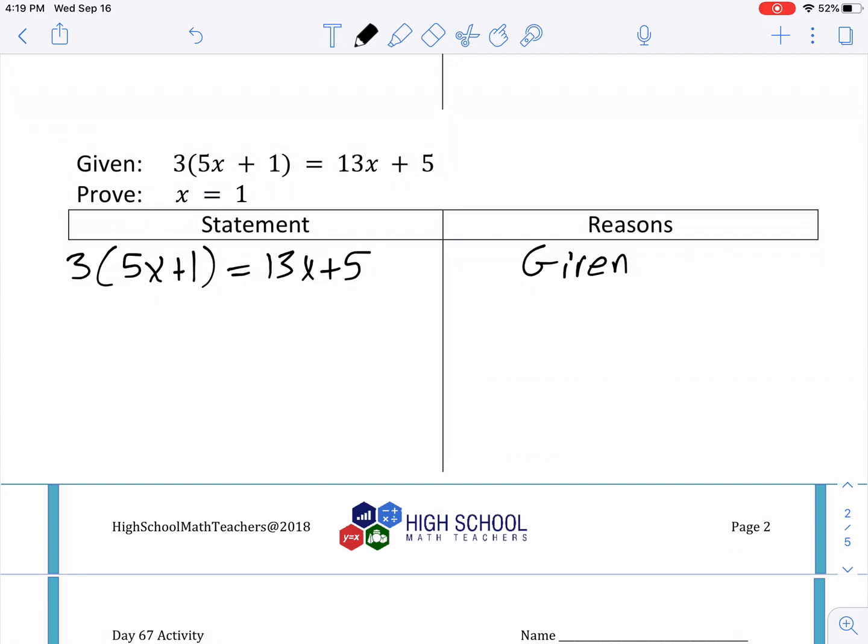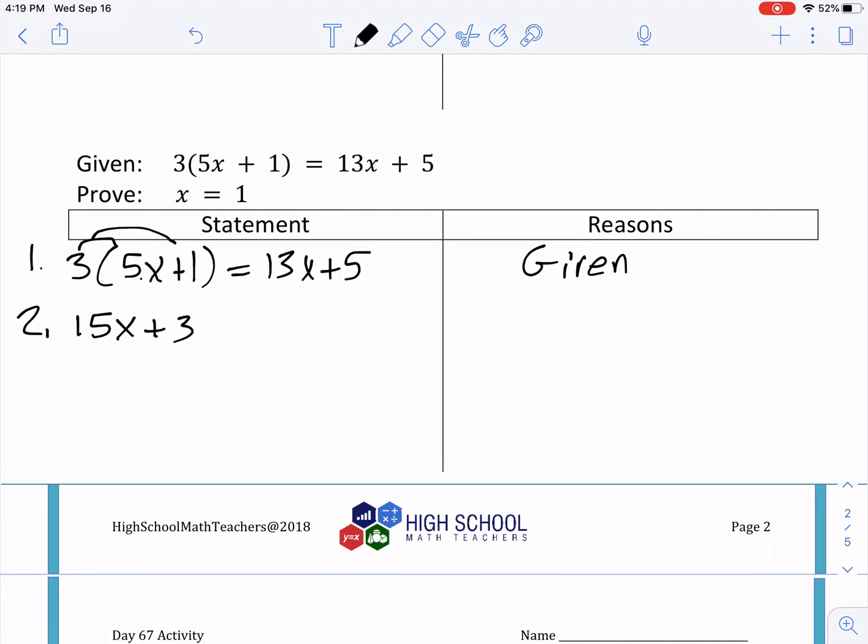Now, going based off of what we talked about with multi-step equations, how would you solve this? What would be your first step here? Well, we apply the distributive property, right? So I'm going to multiply 3 times 5 to get 15x, and then 3 times 1 over here is 3.